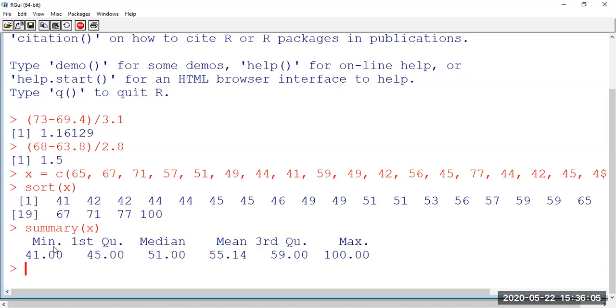I don't need the mean for my box plot, so I'm going to write the third quartile, which is 59. And finally, the maximum value is 100. So those are the values that I'm going to use to draw my box plot. So let's go back to our notes and continue with our work.